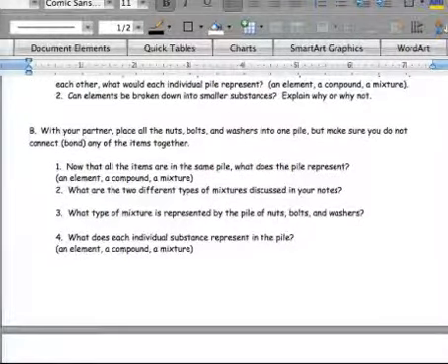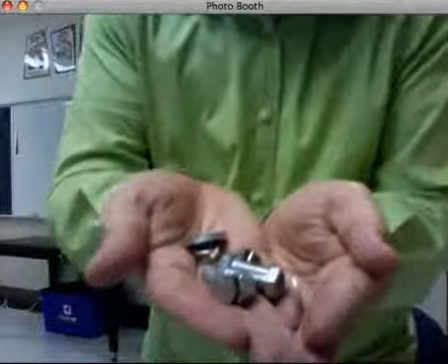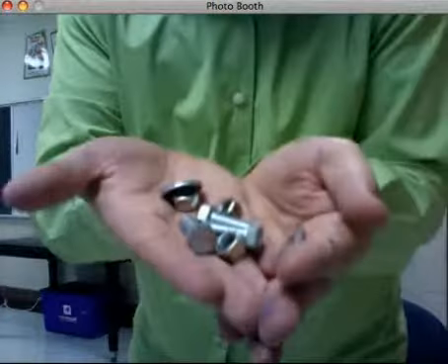For B, with your partner, place all the nuts, bolts, and washers into 1 pile, but make sure you do not connect or bond any of the items together. So this time I'll have 1 pile of all the things, and instead of having them in 3 separate piles, like I had the 3 nuts, the 3 washers, and 3 bolts before, this time, and again it's going to be hard for me to show you this, but I'm putting everything, try to hold it up to the camera here, I'm putting everything into 1 pile.